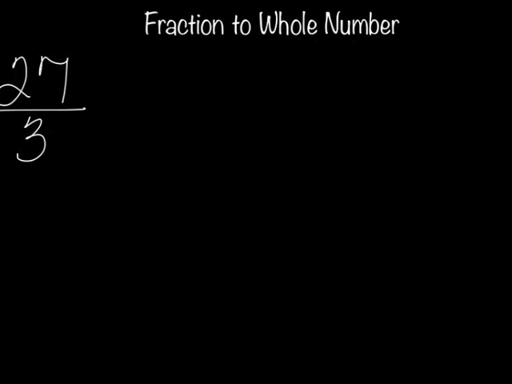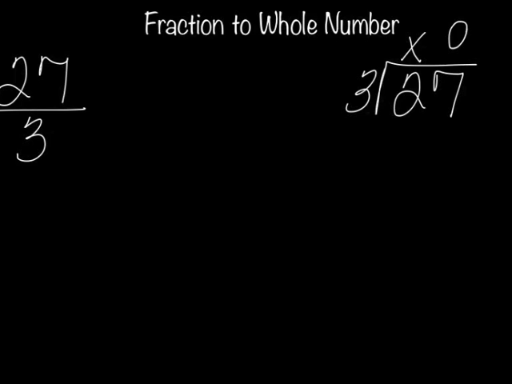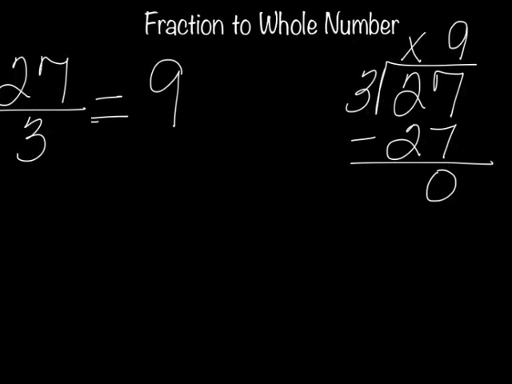So what you would do to the side is a division problem of how many times 3 can go into 27. 3 cannot go into 2, so we put a little X as a placeholder. 3 can go into 27 9 times, and that gives us a remainder of 0. So the whole number of the fraction 27 over 3 is equal to 9.